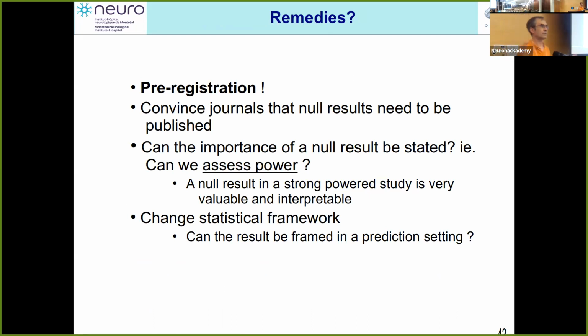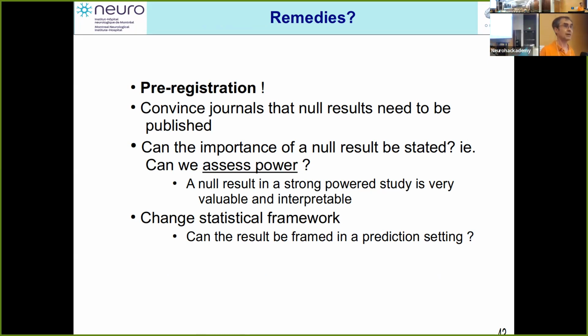All right, so one caution. I've said null results should be published so that we have a good sense of what the true results are. They should be published if they are well powered.